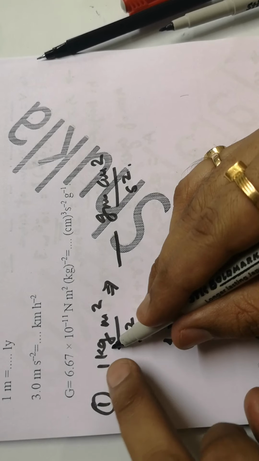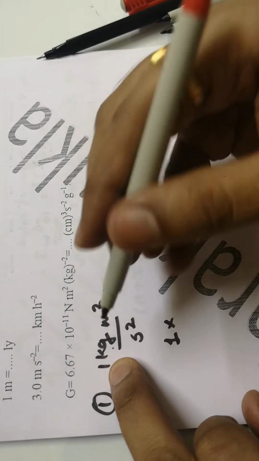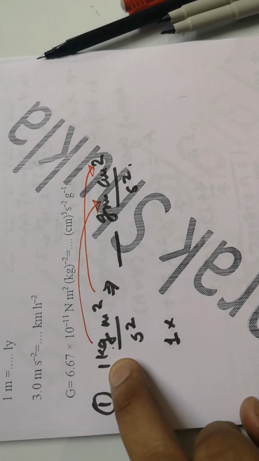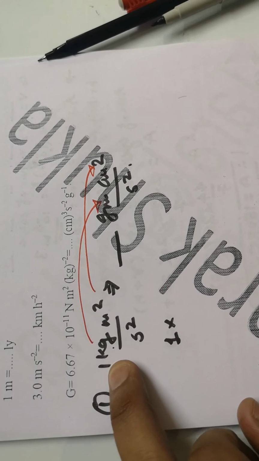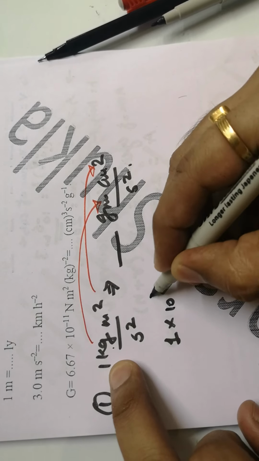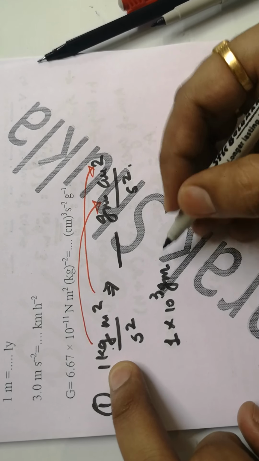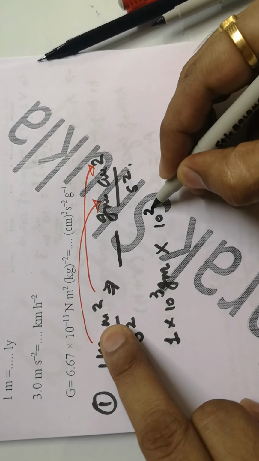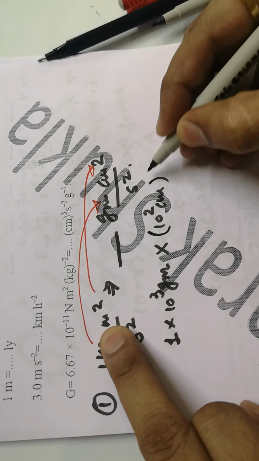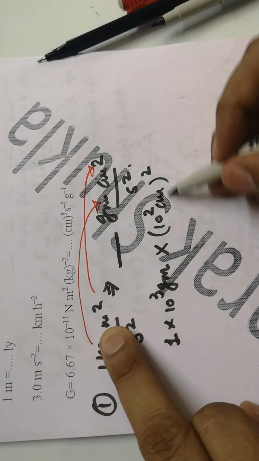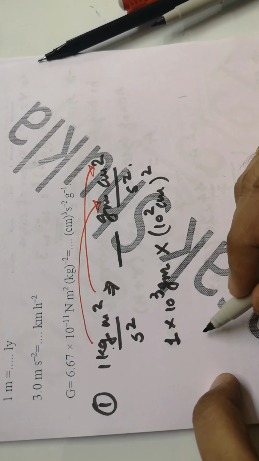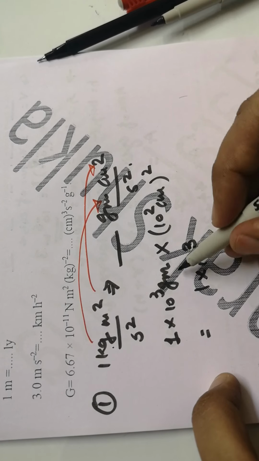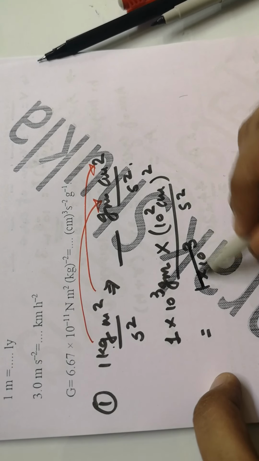I want to go from kilogram to gram, then meter to centimeter. So what I am doing is going from a higher to a lower unit. Kilogram contains 10 to the power 3 grams. Meter contains 10 to the power 2 centimeter, and it's a square. There is no need to change the second part, so you can just say 1 times 10 to the power 3, but I am already mentioning second square because it is mentioned.